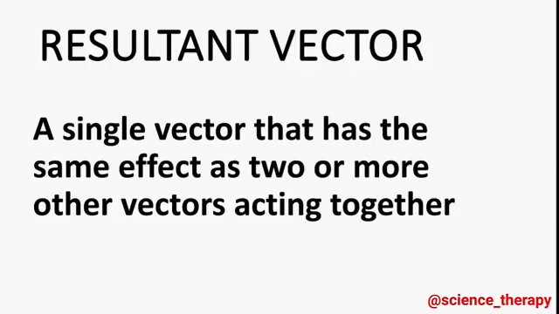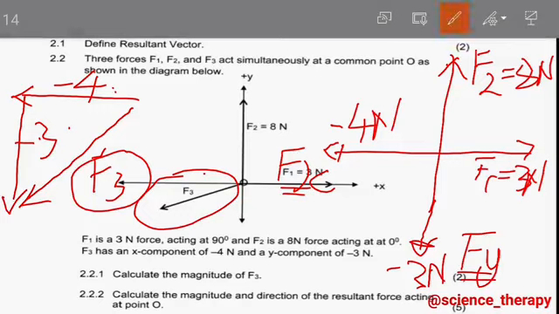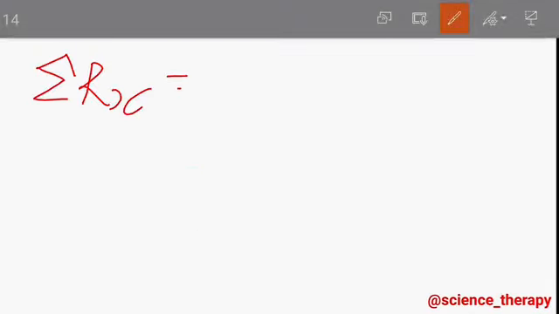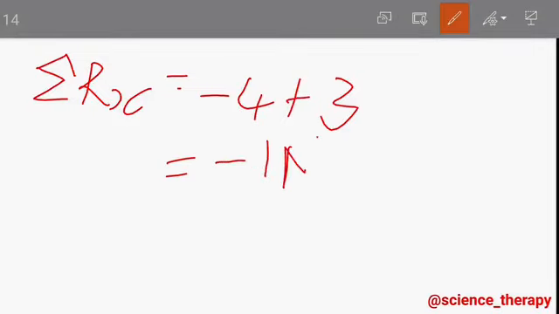So starting with the net for the horizontal forces, we have Rx, and you will note that the ones that are horizontal are your negative 4 and positive 3 this side. So we have negative 4 plus 3 equals negative 1 Newton. Now we know the negative 1 indicates that it is going to the left.